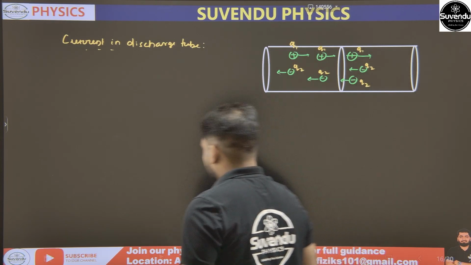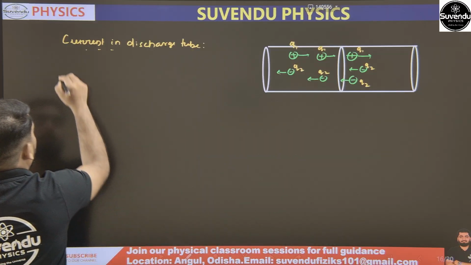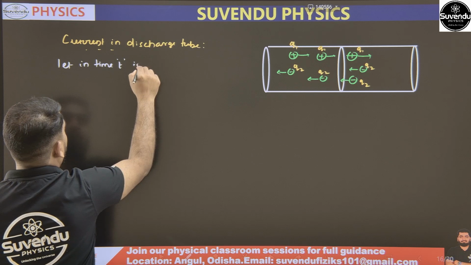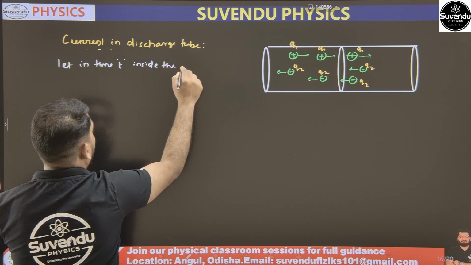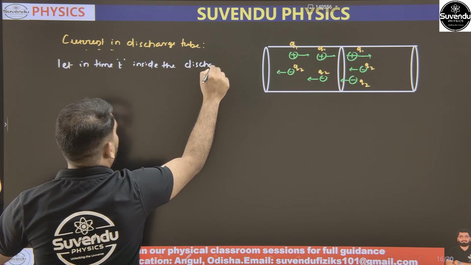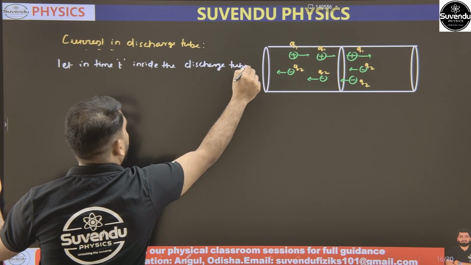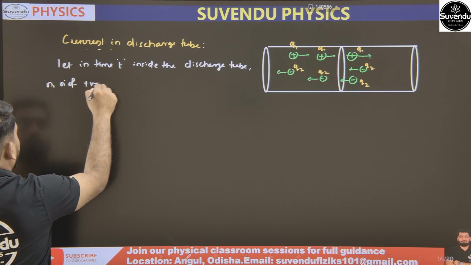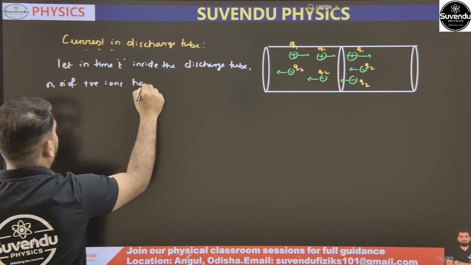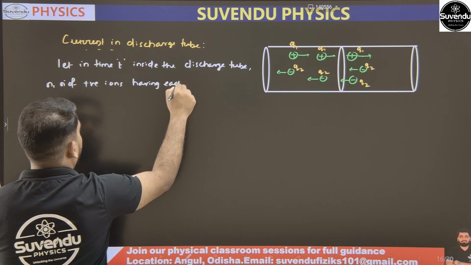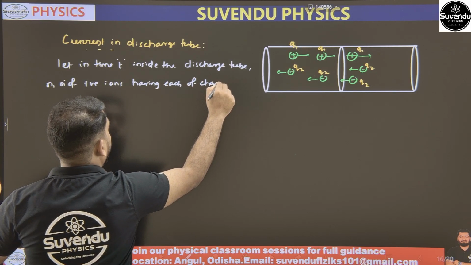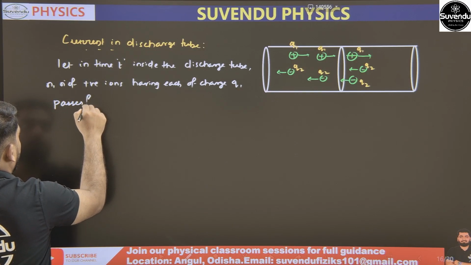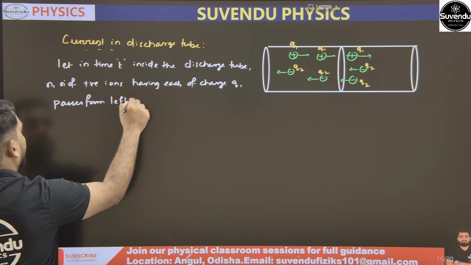Ready? Let in time t, inside the discharge tube, n1 number of positive ions, each having charge q1, pass from left to right.